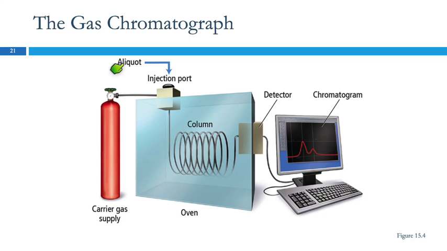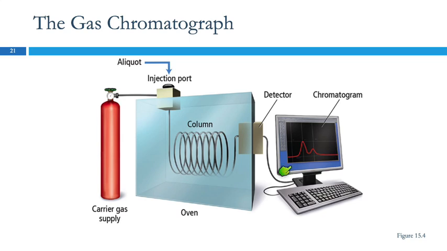So as your aliquot goes in here, that thing you're interested in is going to be attracted to what's on the inside of this column. And so it's going to kind of linger. The more attracted it is, the longer it's going to take to go through the column. Something that is not attracted at all will just go straight through.